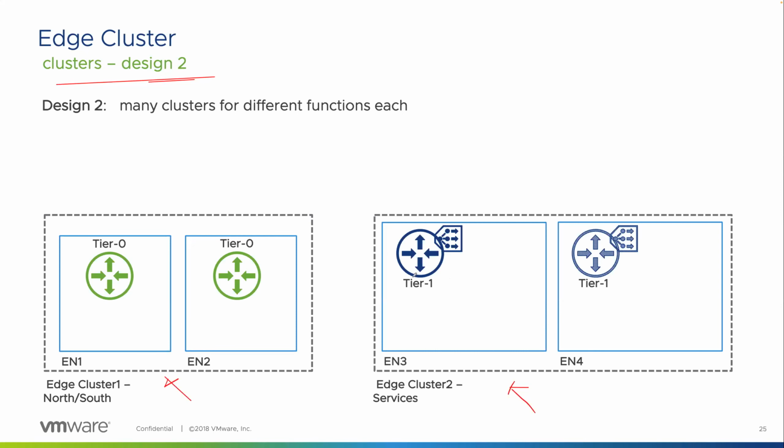And for this one, we put tier 1 function or tier 1 router for this cluster. So we just separate the functions or separate the router groups onto different clusters. This is the second design.